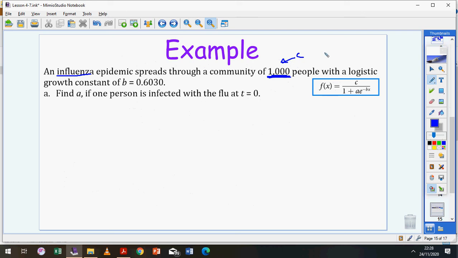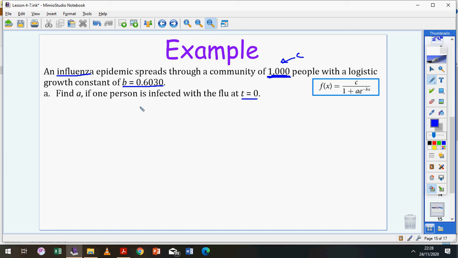Logistic growth of B is equal to 0.630, so that's the growth function. Find A if one person is infected with the flu at t is equal to 0. So if at day 0, one person has the flu, patient 0, they've given us a point, t is 0 and y is 1.